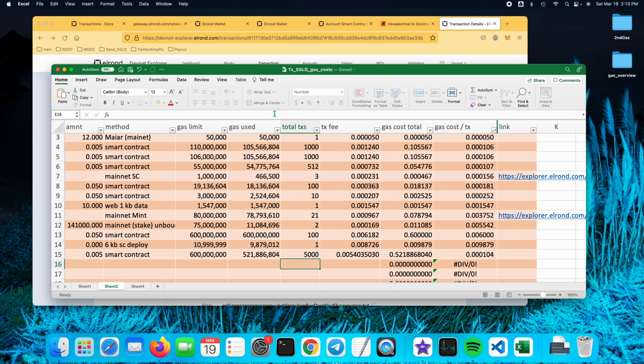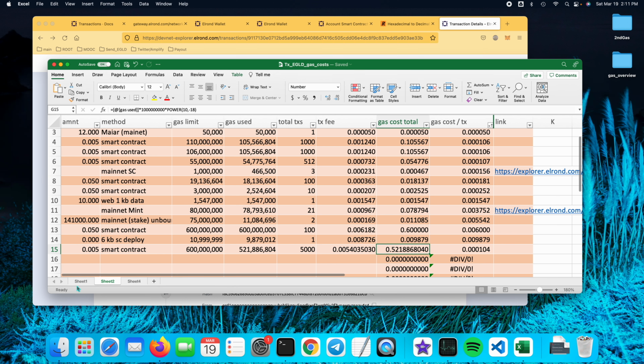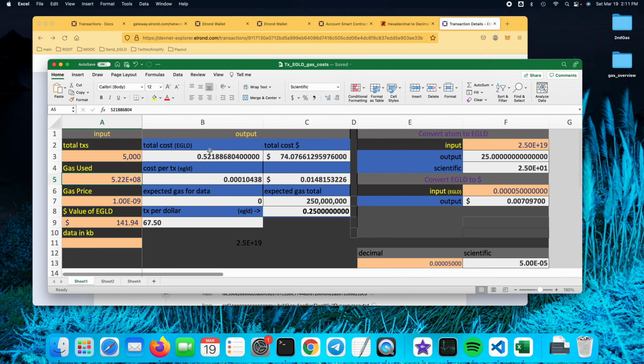Okay. And the total gas cost. Where did I go? Oh yeah, over here. Yep, that's accurate. So it's half an EGLD, or $75. Came out to 1.5 cents per transaction, 67 transactions per dollar.